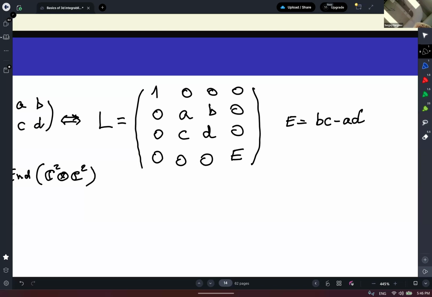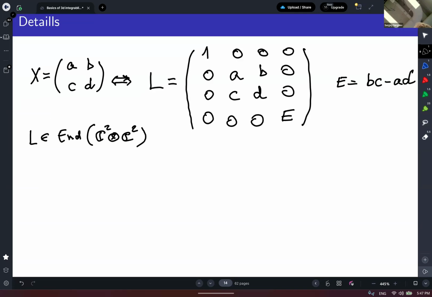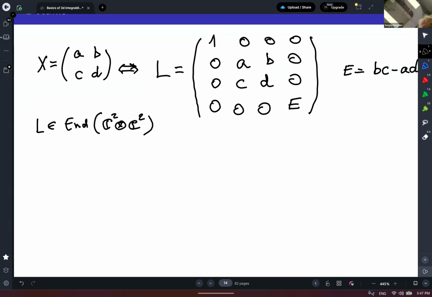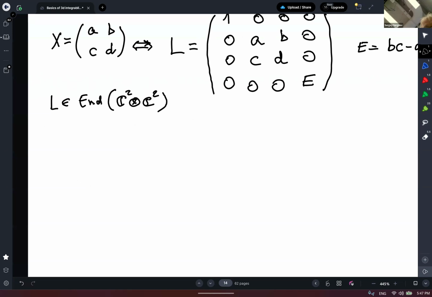It's minus the determinant of X. So if we have such correspondence between the Korepanov 2 by 2 matrix X and the Yang-Baxter type matrix L, and also general notation capital A is a set of A, B, C, D.